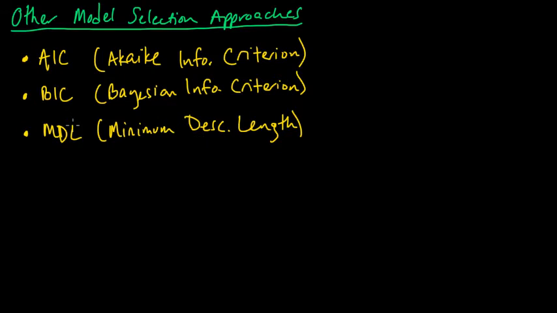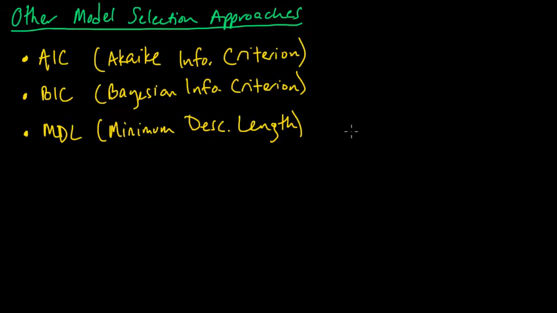MDL is actually a fairly large field of research, but the basic idea behind it, if you were applying it for model selection, is that you want to choose a model which has the smallest description length, and it's using description length as a proxy for the complexity of the model.